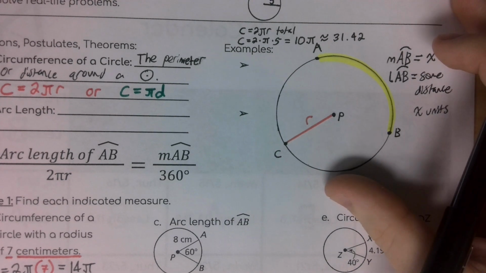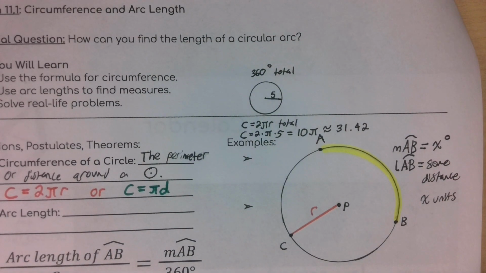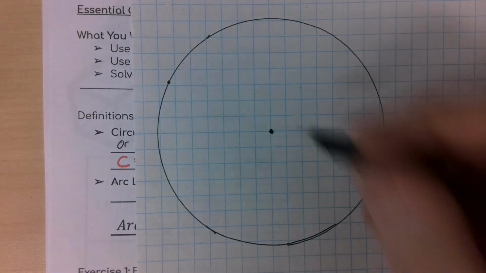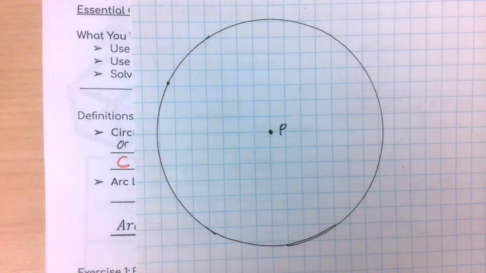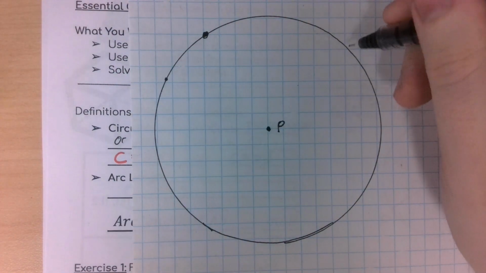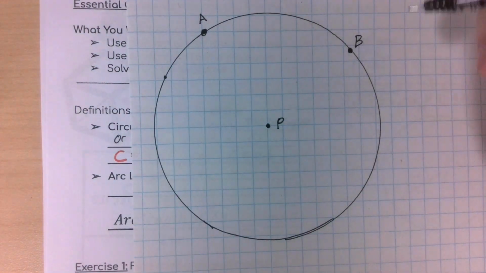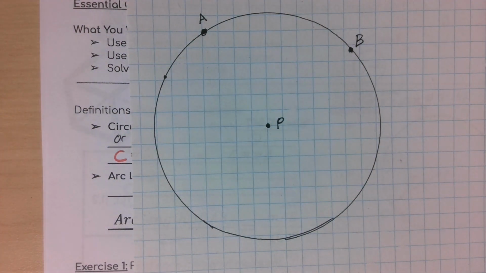First off, I want you to imagine it instead like this. Say we have a circle. We'll call this circle P. And I'm going to place an arc on it, AB. You don't need to write this down, but I want to show you.